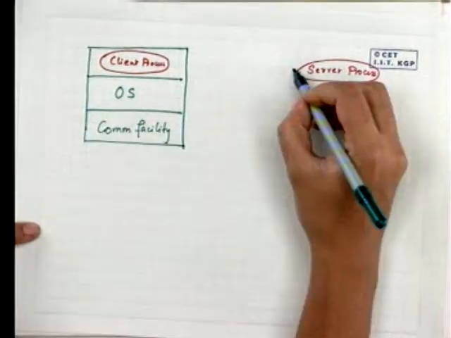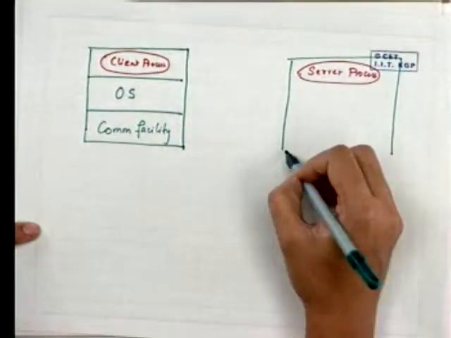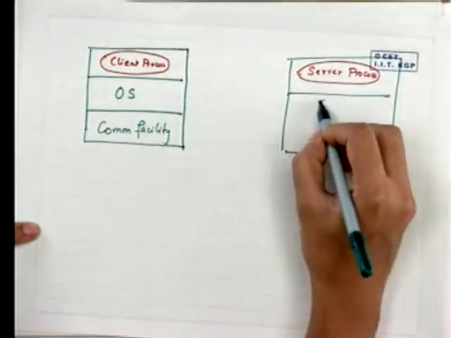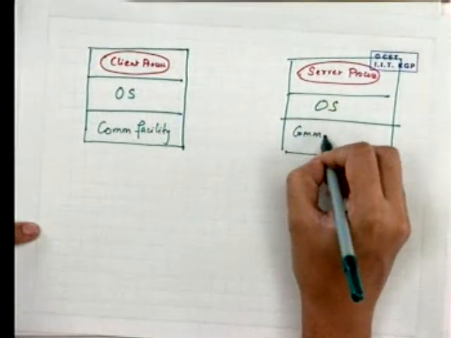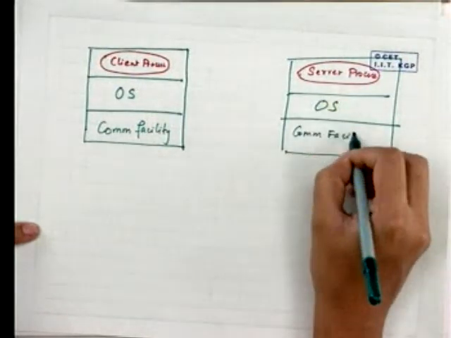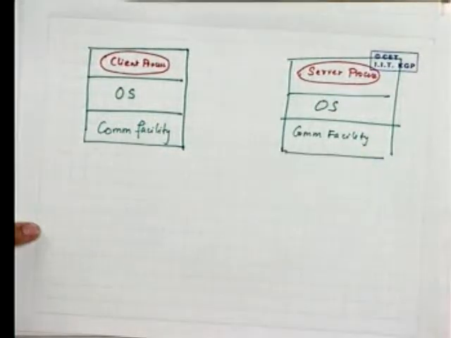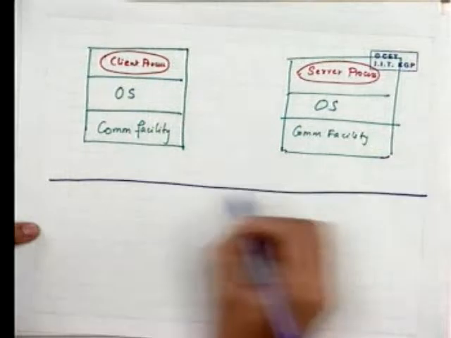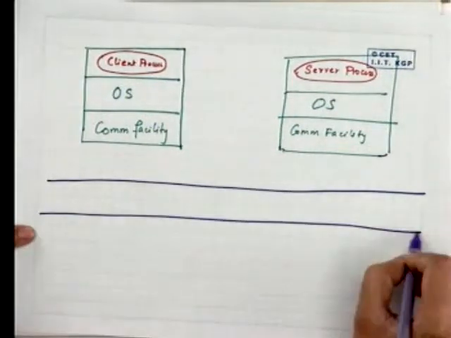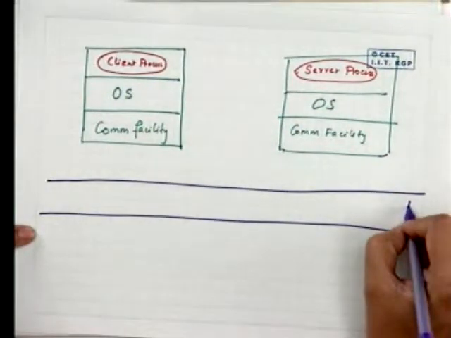Similarly, for this machine, we have the OS layer and the communication facility layer. And this denotes the physical communication channel.